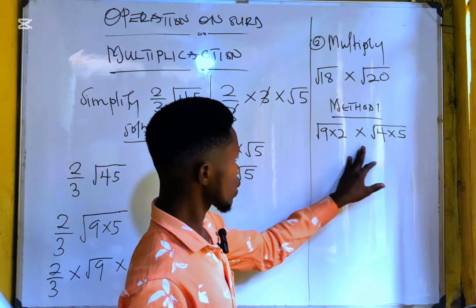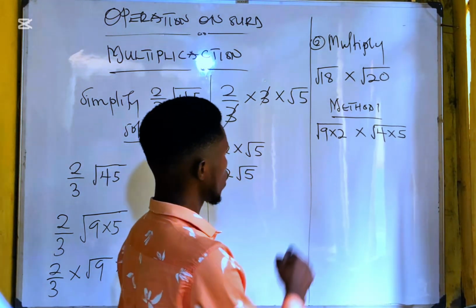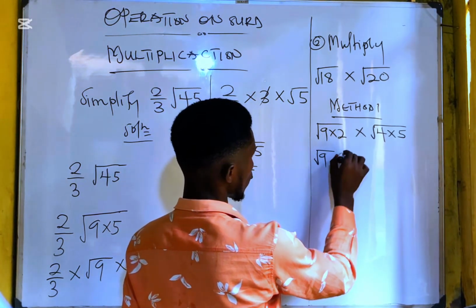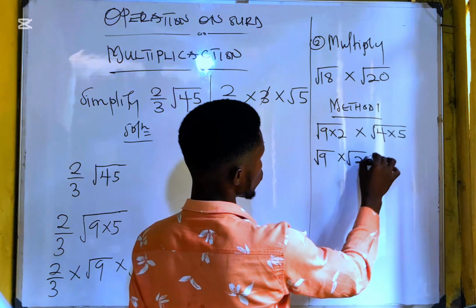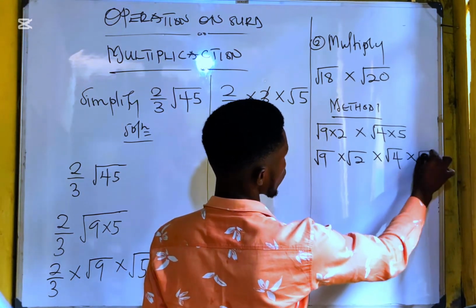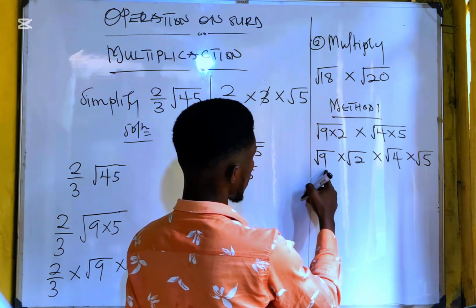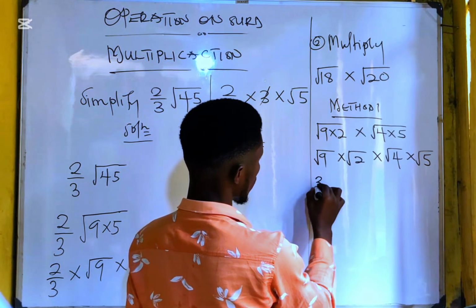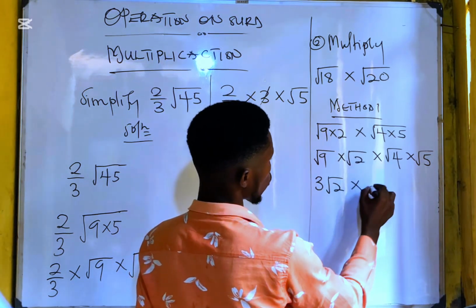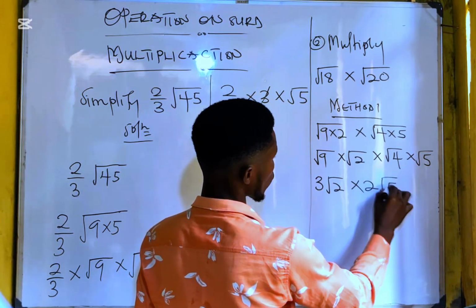Now, if you look at this one, it can also be written as root 9 times root 2 times root 4 times root 5. So now root 9 here is 3 root 2, times root 4 here is 2 root 5.